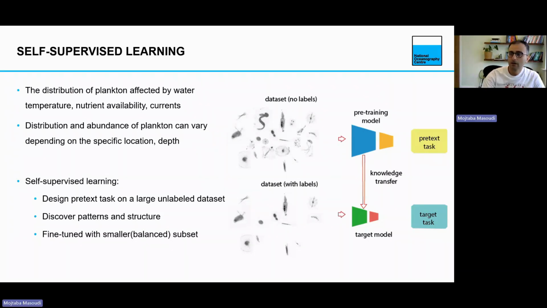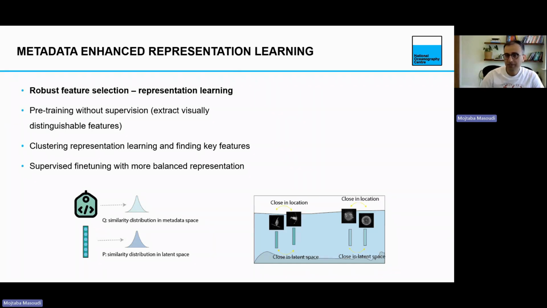In that case, we create robust feature representations, and then we did the clustering and feature extraction and supervised fine-tuning for balanced representations.